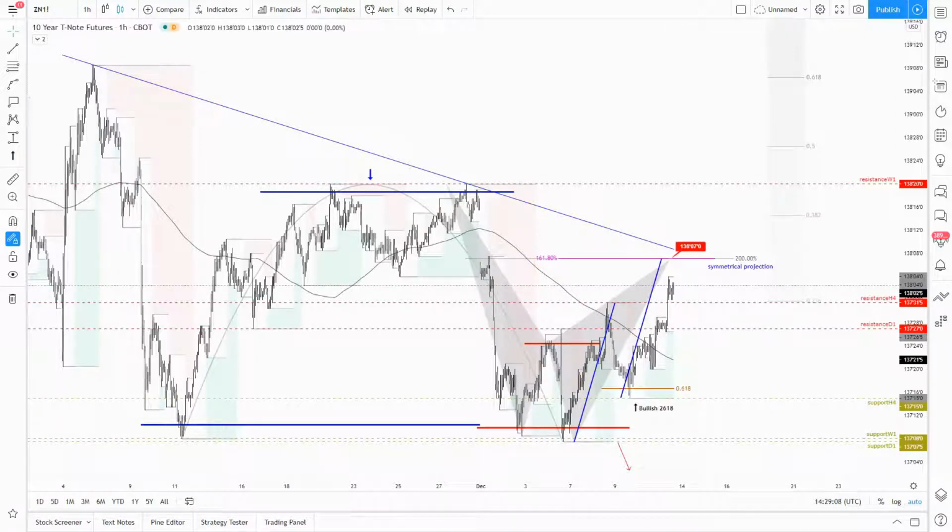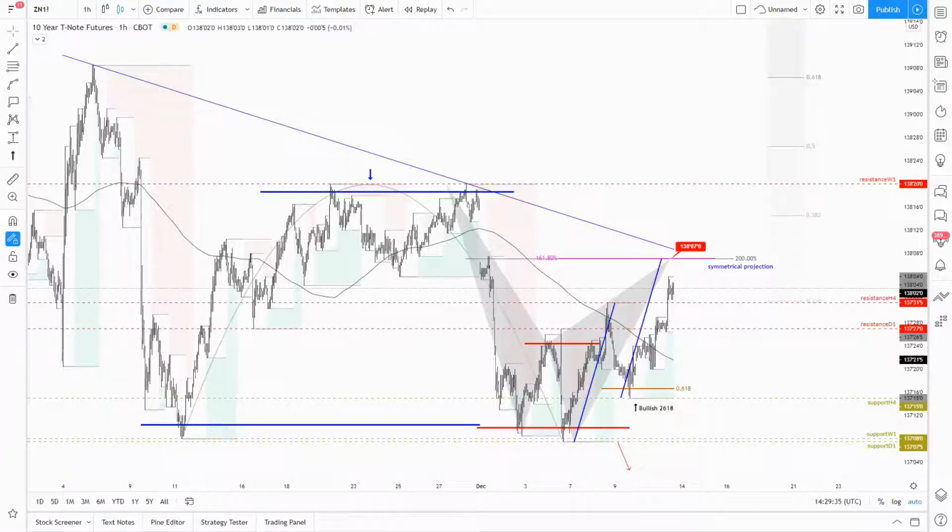So I'm talking about the bullish or the bearish 2618 trade setup. The 2618 trade setup is basically a double bottom or a double top, so that's the 2. So the 2618 double top or double bottom followed by the retracement to the golden 618 Fibonacci level.